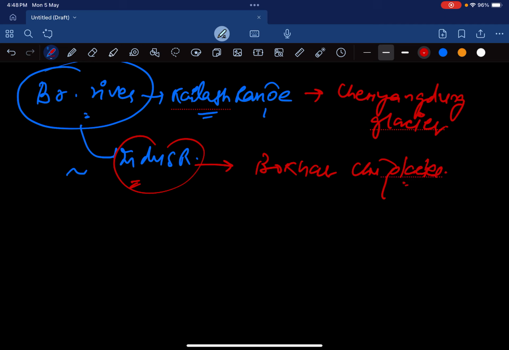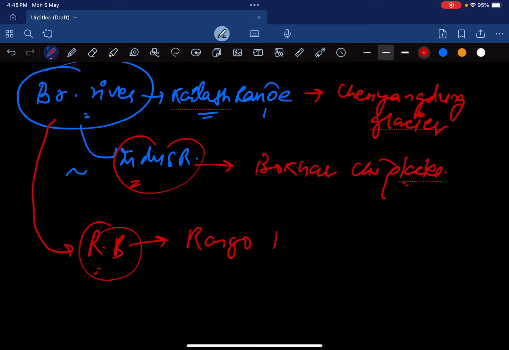right? And regarding Brahmaputra river, we should also know about its right bank and left bank tributaries. So the right bank tributary of the Brahmaputra river is the Rango Sangpo in Tibet. अभी हम इंडिया के कॉन्टेक्स्ट में बात करेंगे.